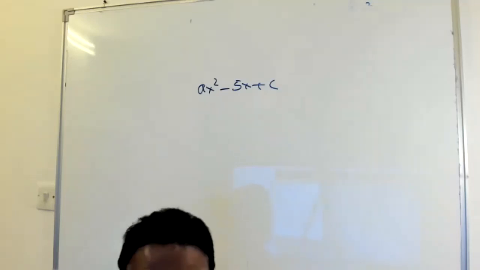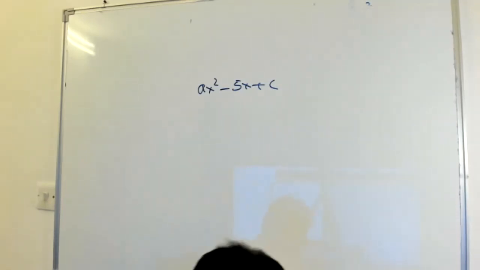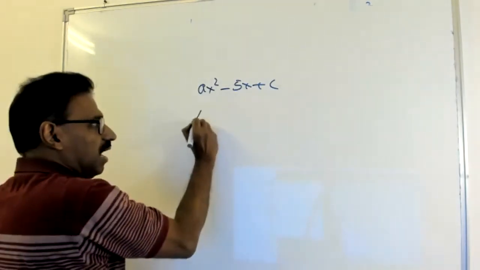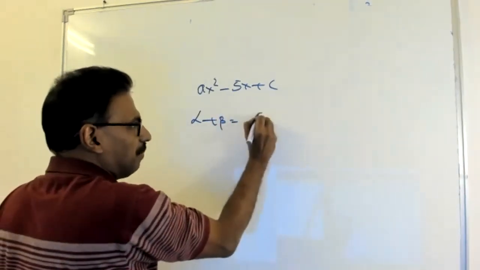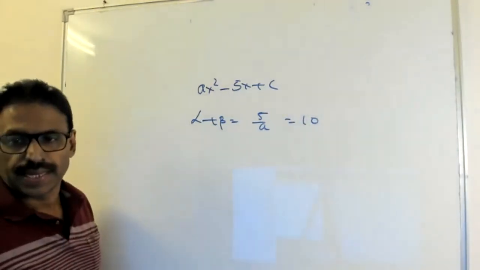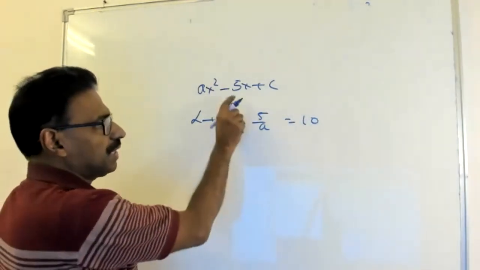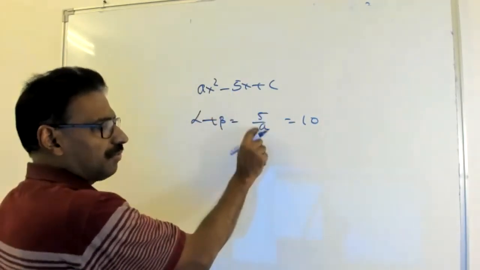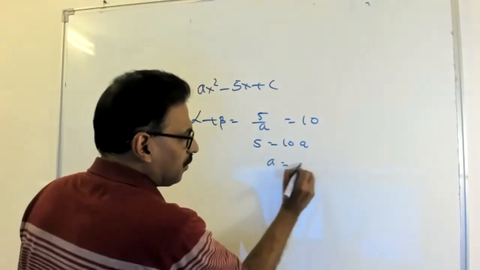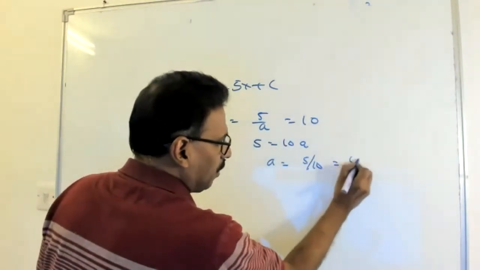Sir, can you discuss this? Okay, look here. First of all, you write alpha plus beta, that is 5 by A equal to 10. The sum is 10. Alpha plus beta is minus b by a, 5 by A equal to 10, 5 equal to 10A, A equal to 5 by 10 equal to 1 by 2.